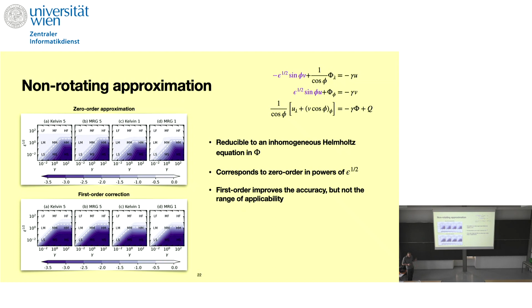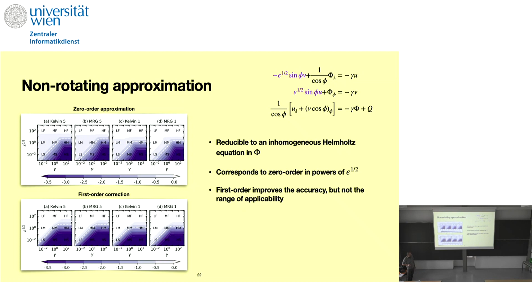And I forgot to mention that the geostrophic balance is also analytic. This corresponds to a zero-order approximation in powers of epsilon half. And we can look at the next order correction. Indeed, the accuracy is improved, but only within the regions identified in the zero-order approximation.